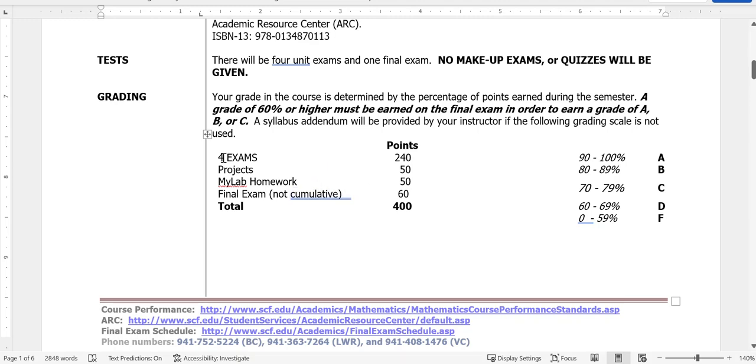So you will have 4 exams and a final. You'll have 5 60-point exams, which are 300 points, and then projects and the MyLab homework total up to 100 points. So you'll have 400 points total. And it's just your points divided by 400 to give you your percentage for the grade.